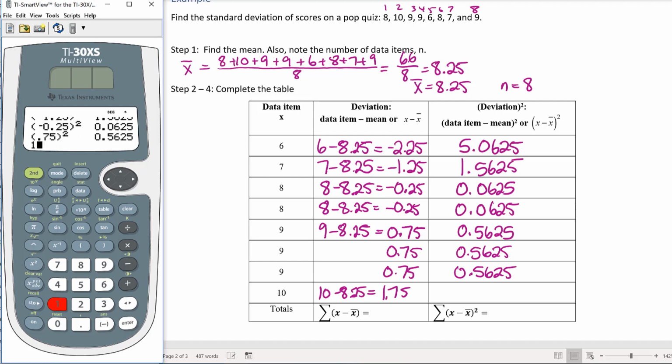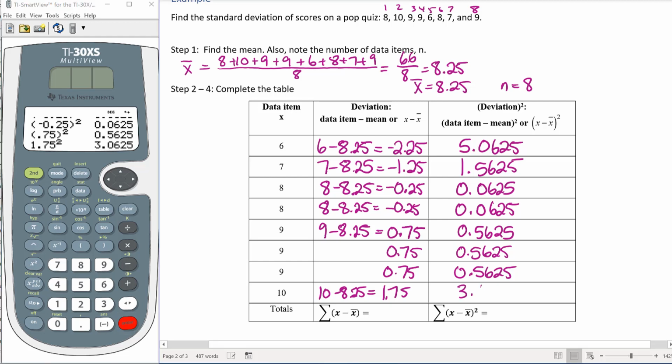And then our last one, 1.75 squared. Because it's positive, I don't need parentheses. 3.0625.